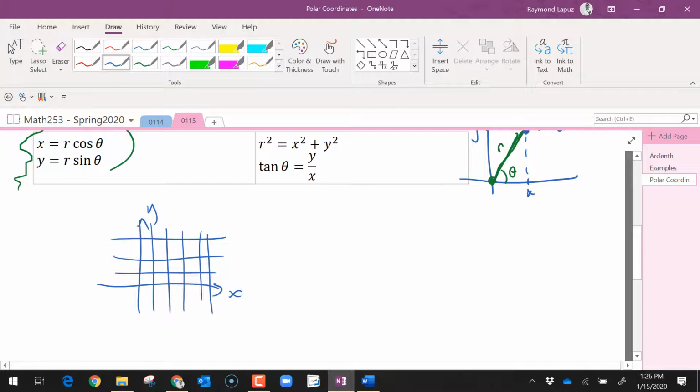When we first learned to graph back in, what, second grade? When did you learn how to graph? We plotted points, right? Ordered pairs, x and y, and you move along the horizontal x, you move along the vertical y, and that's where you're at.